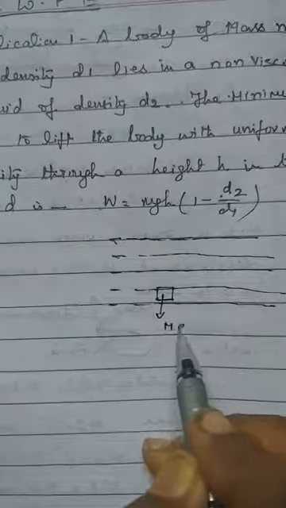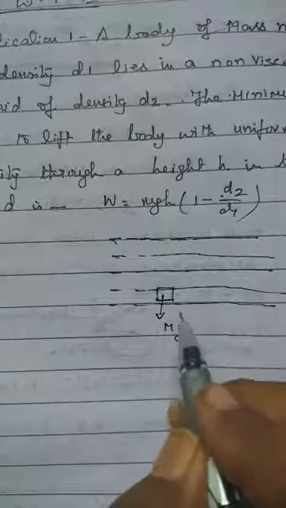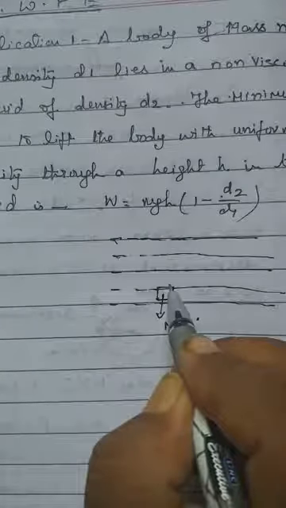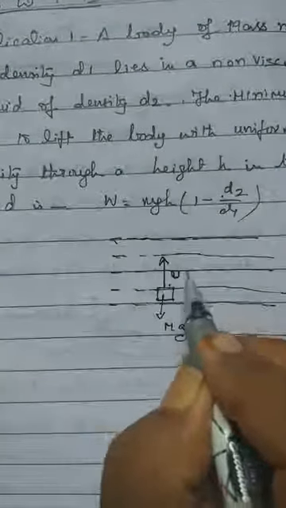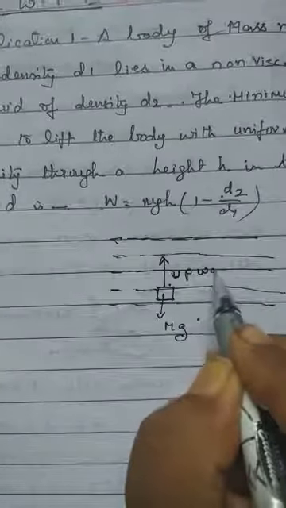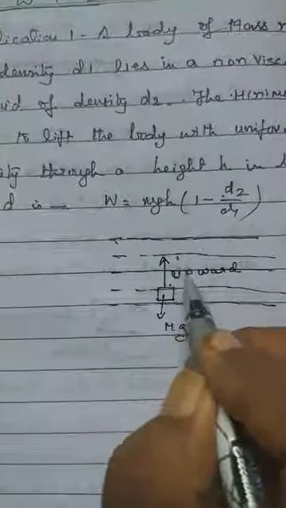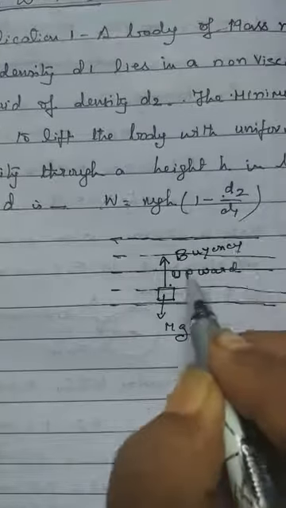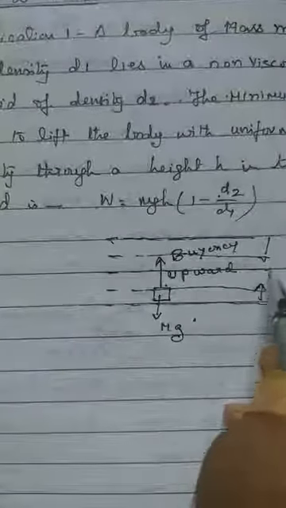Its weight is mg, its mass is m, and it has a density d1. An upward force will act on the body by the liquid. This is also called buoyancy, which we can express by U or B, and from here to here is the height.